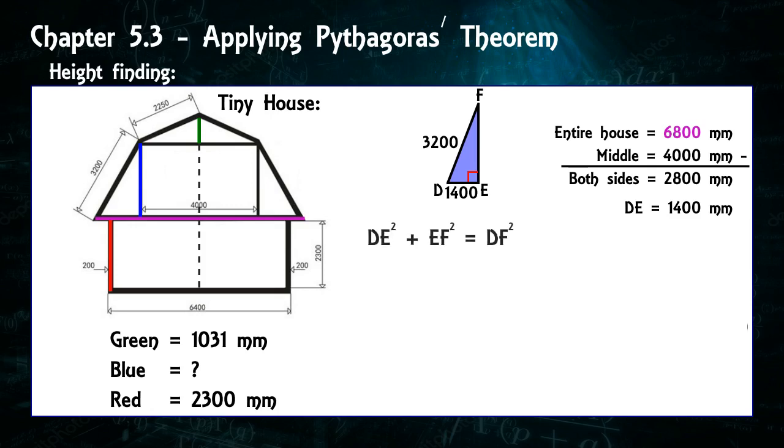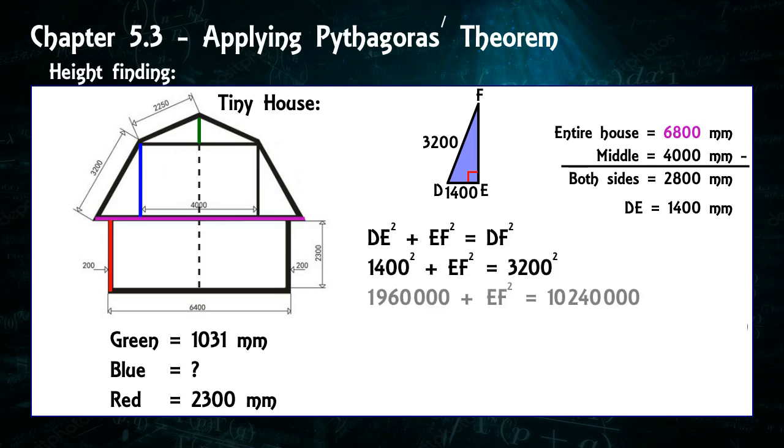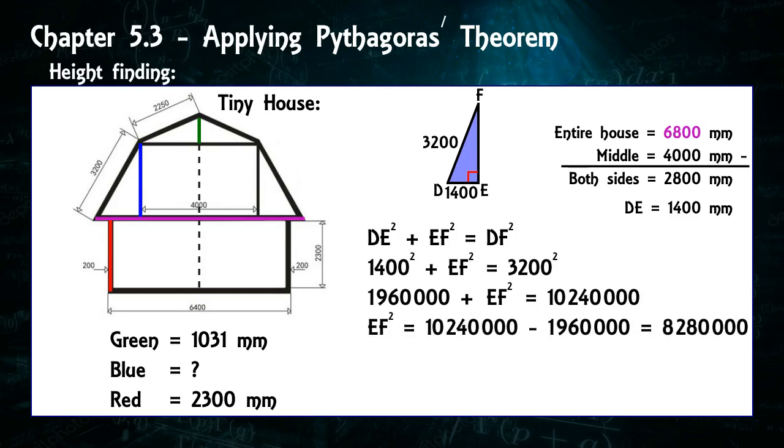We now use our 1400 and 3200 millimeters in our theorem. DE squared plus EF squared is DF squared. By filling in the numbers and calculating the squares, we know that EF squared must be 10,240,000 minus 1,960,000 is equal to 8,280,000.